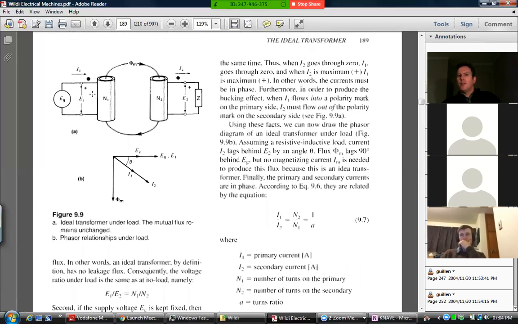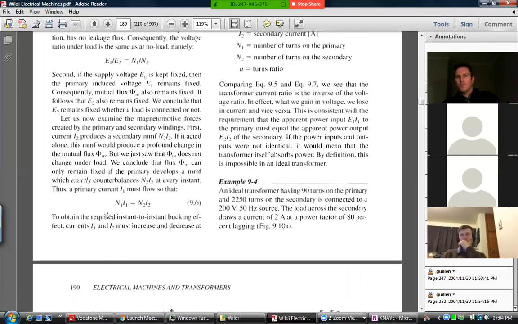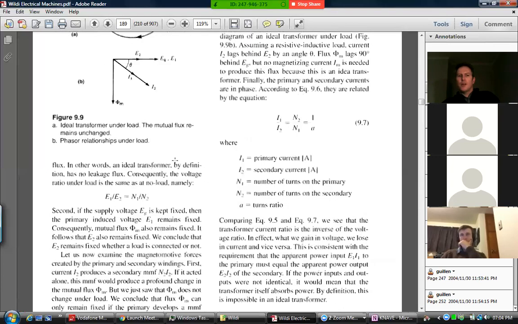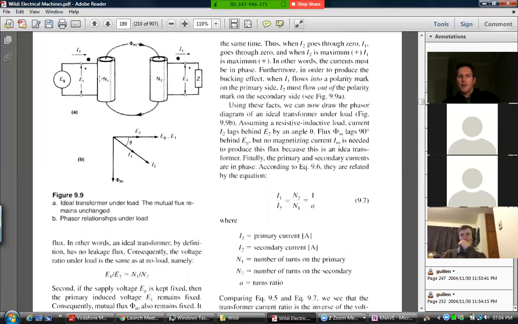There's current that flows here because we're sucking current through the load, according to this formula, this one. But there's also current that flows in here to set up that magnetization, to get that alternating flux going.